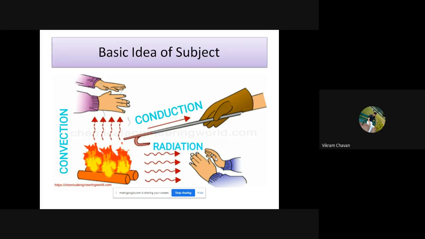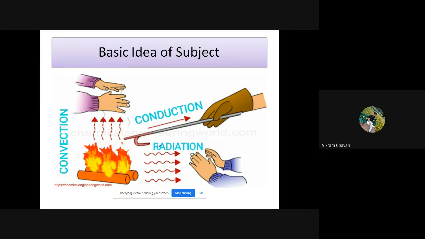This transfer of energy without any medium, because of electromagnetic waves, is nothing but radiation. So briefly I covered all three modes of heat transfer, that is conduction, convection and radiation. The most important thing for transferring heat is a temperature gradient.